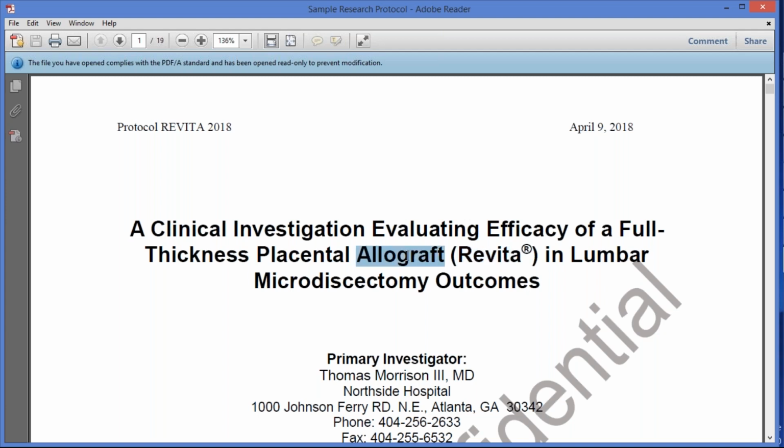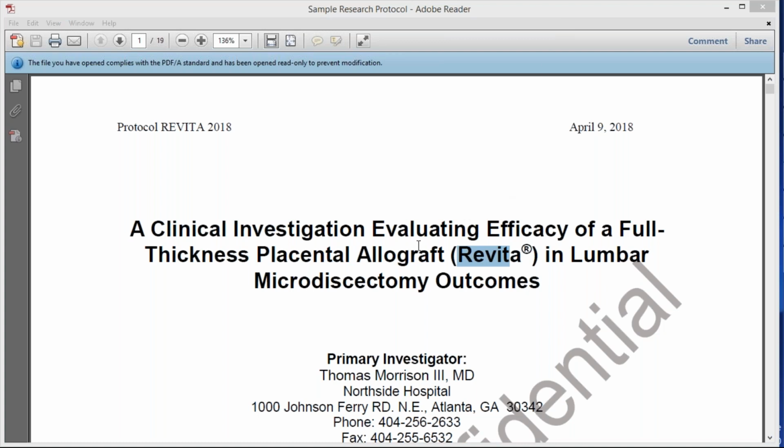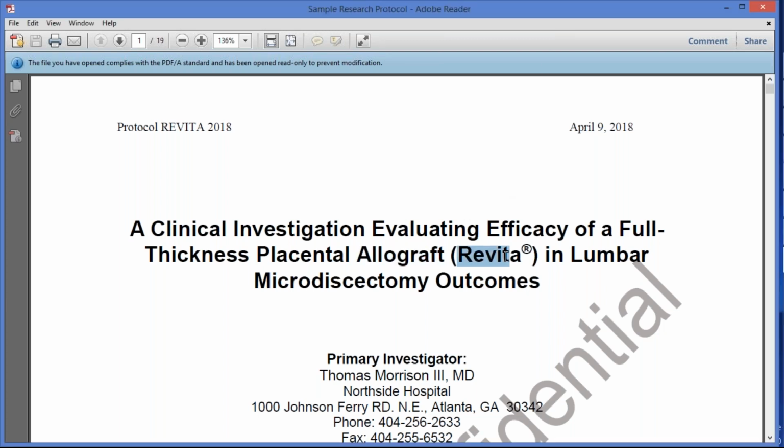Allograft is a common term. We have so many types of allografts with so many names, but our product is Revita. Clear, right? The difference between allograft and Revita? Yes. Placental allografts, we have so many, but Revita is a registered name with StimLab.